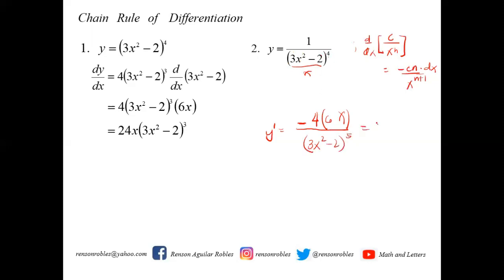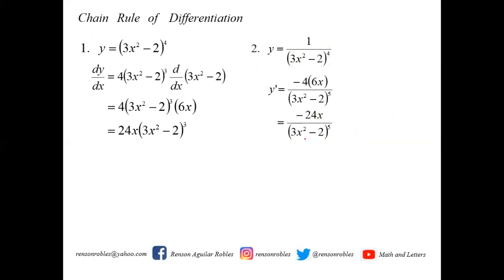And then finally, you have negative 24x all over 3x squared minus 2 to the 5th power.